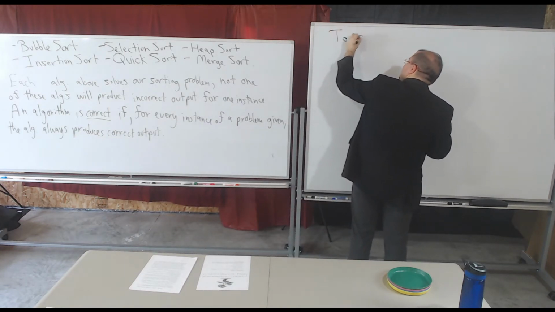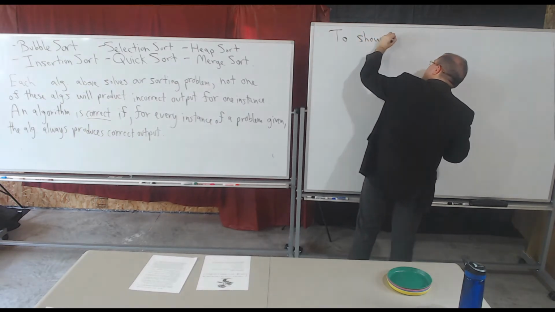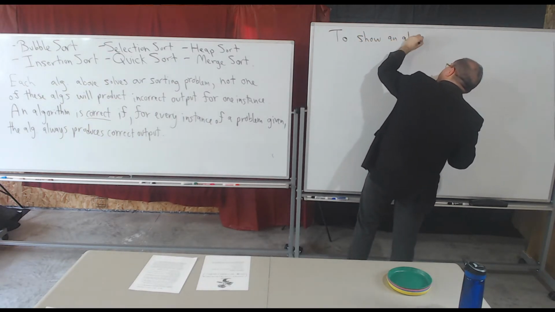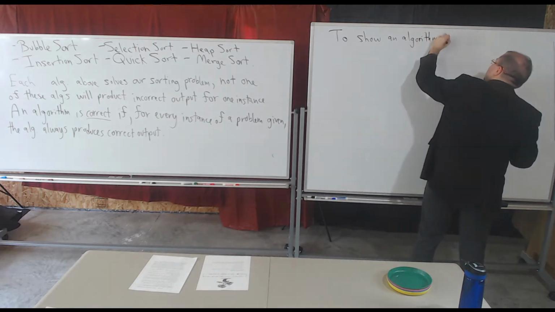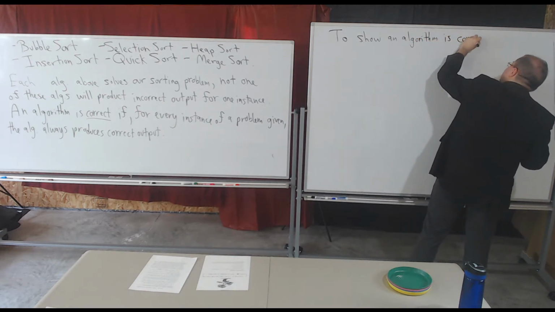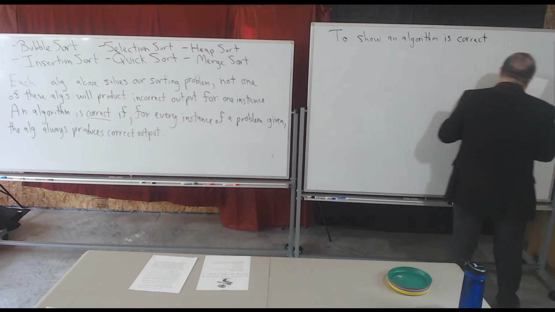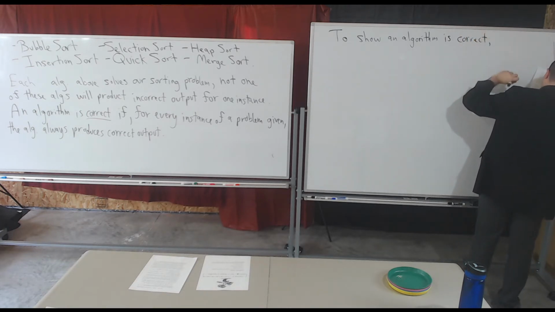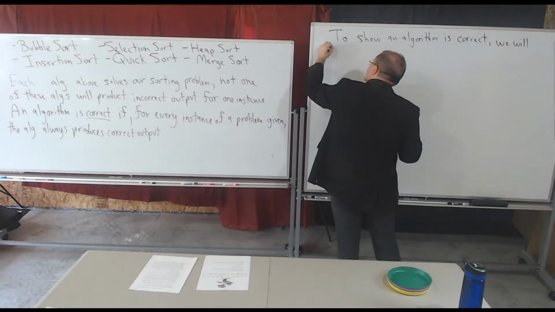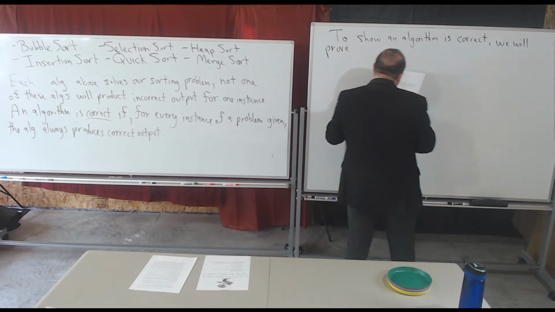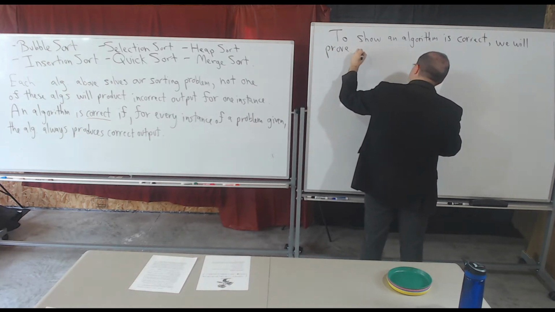So to show an algorithm is correct, we will prove two things.